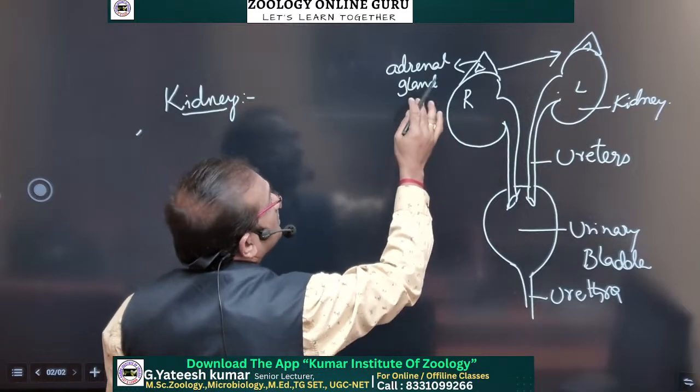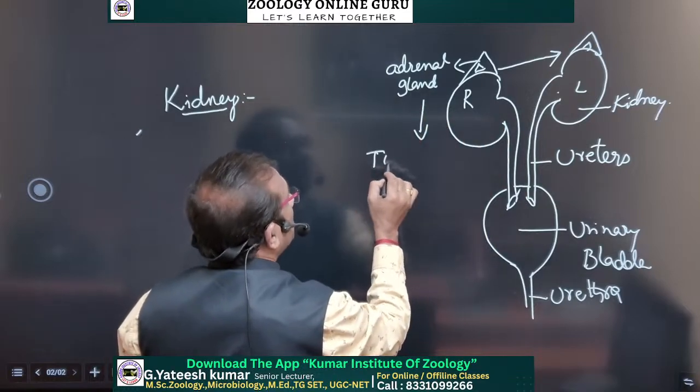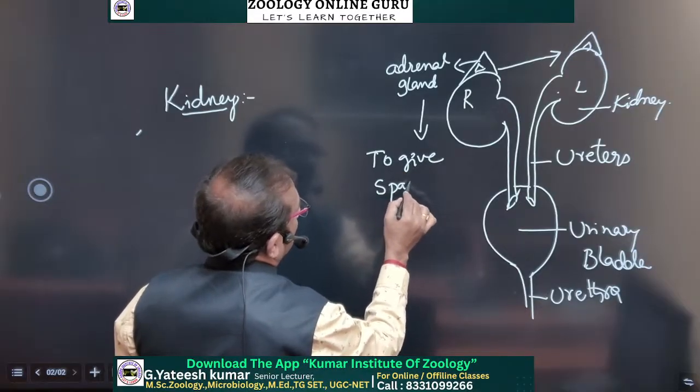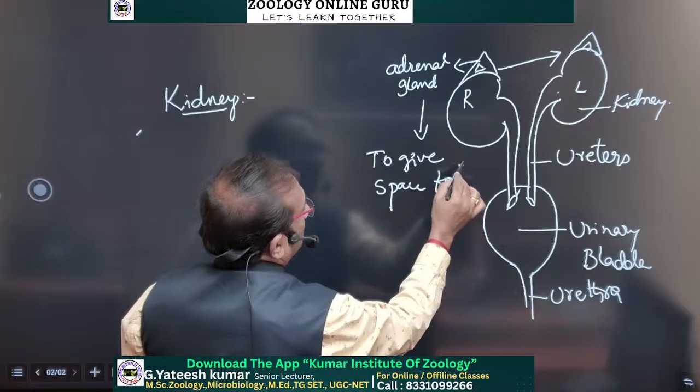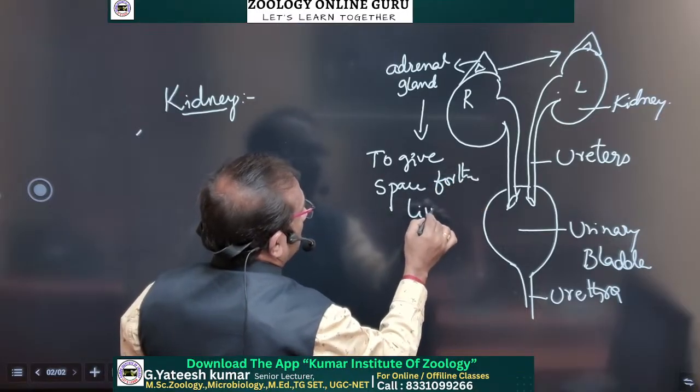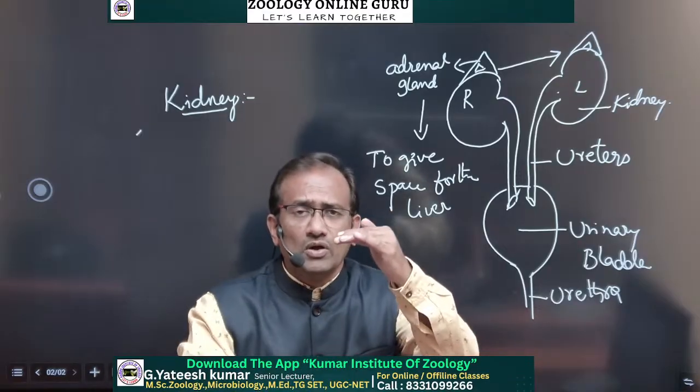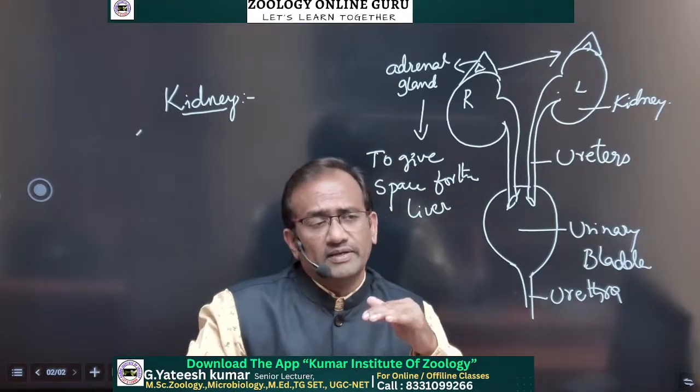See here, this is somewhat lower. The right kidney is lower to give space for the liver.